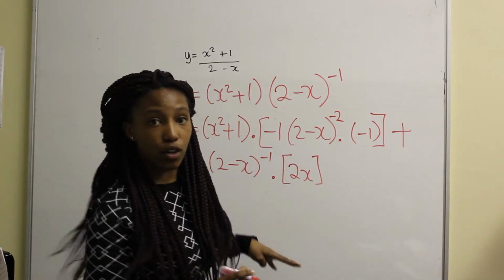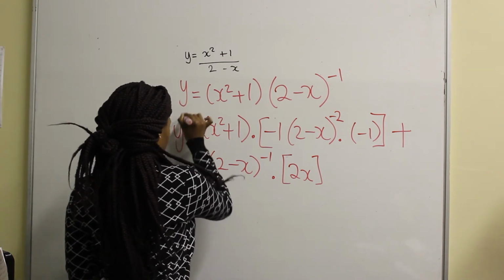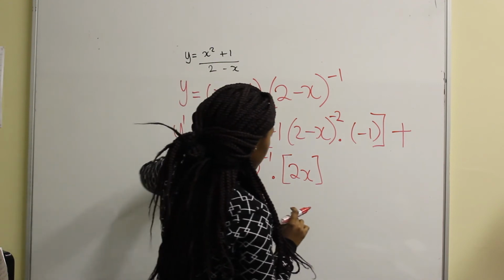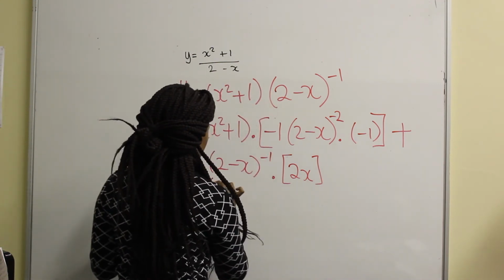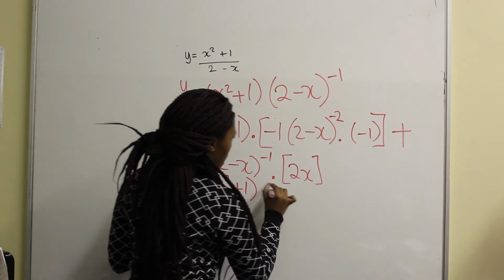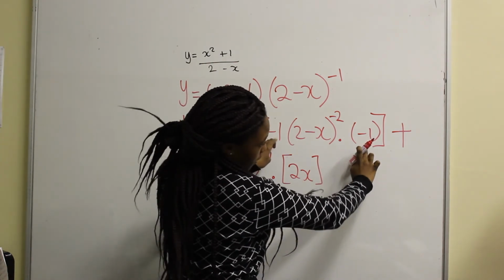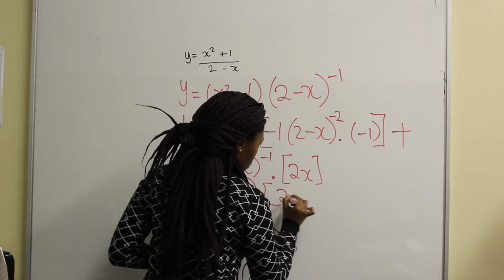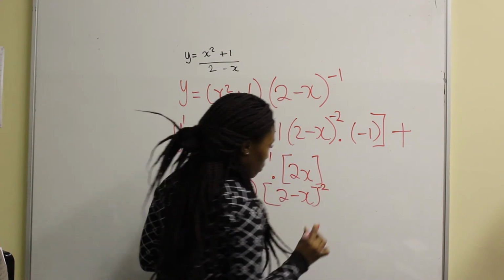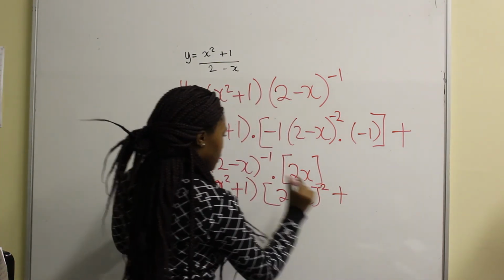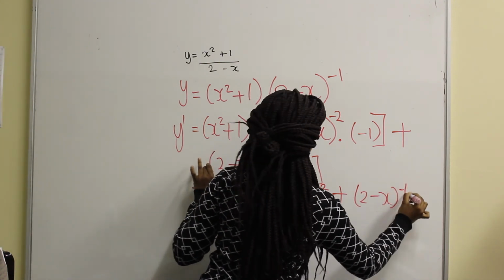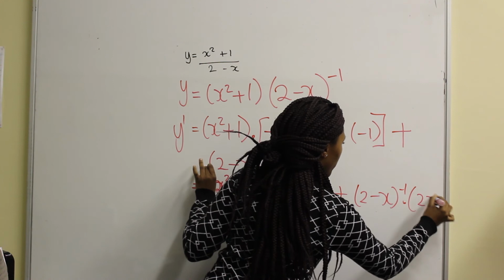And then we just make everything look pretty, right? Remember the notation when you're doing this. So basically, this becomes x squared plus 1. Negative and negative cancel out, so it's 2 minus x to the power of -2. Add this, which is 2 minus x to the power of -1 times 2x.